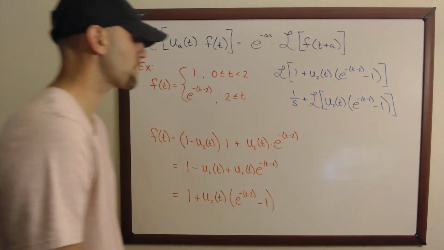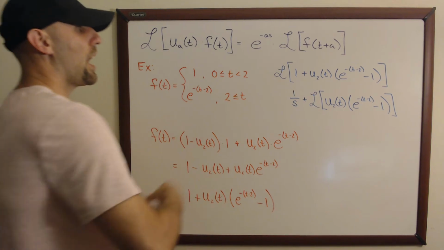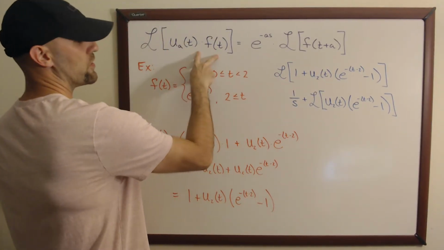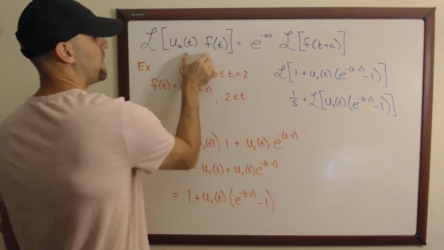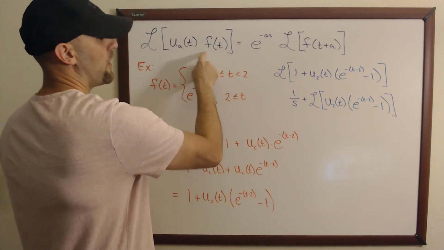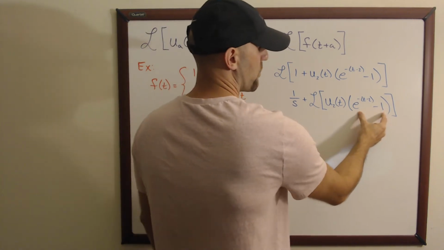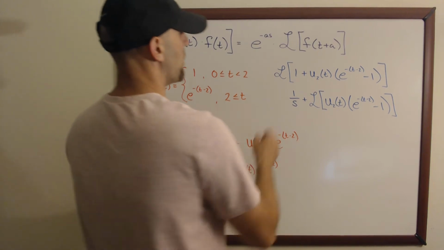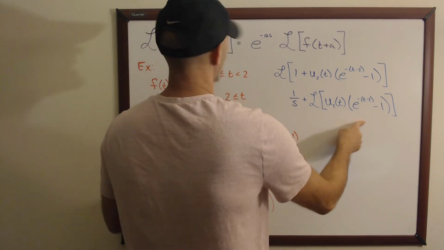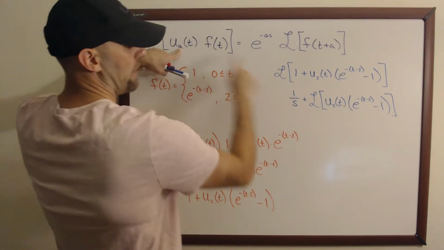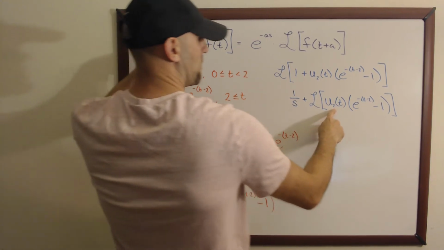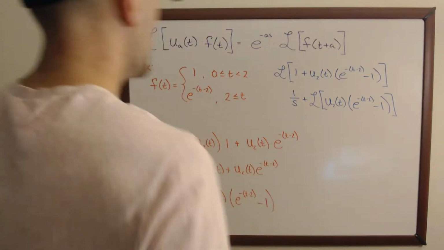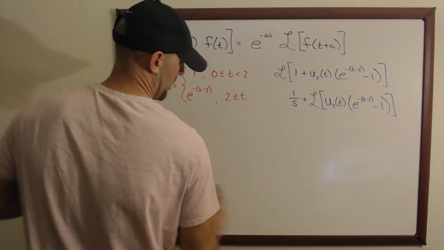Now that I have what I'm looking for, I go to my definition. This exactly fits, as long as the function we're talking about is this function right here. What does this tell me to do? The first thing I need is u sub a of t, where a here is 2.